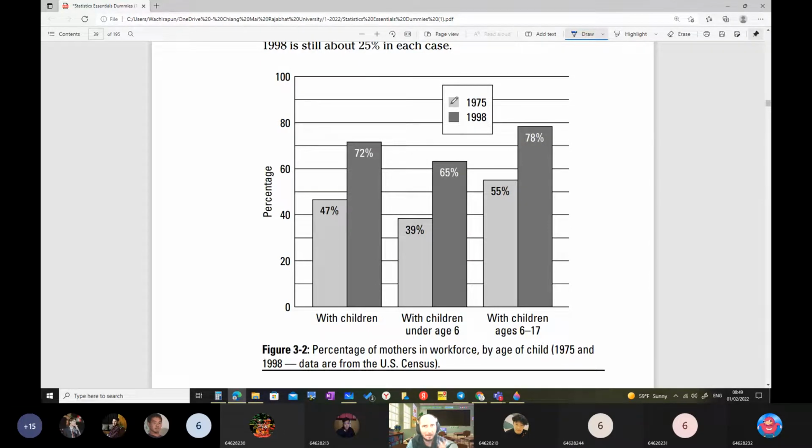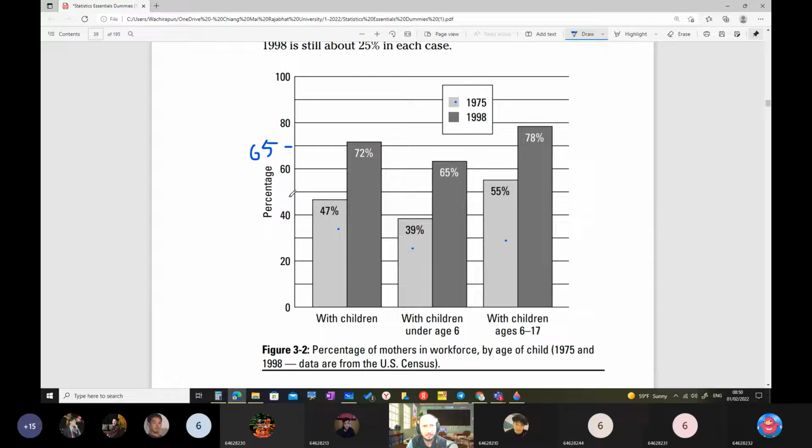So light number is 1975. You see 1975, 1975, and this is 98. We compare 2 years, right? So percentage of mothers who are working. Percentage of mothers, you see, this is 65%.